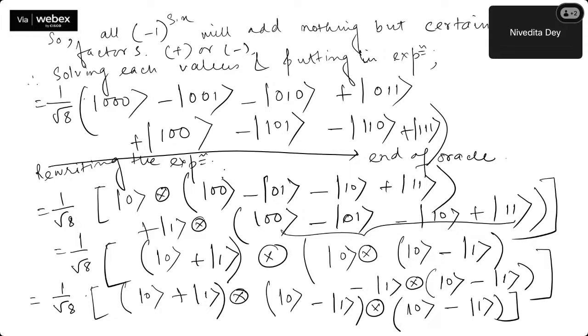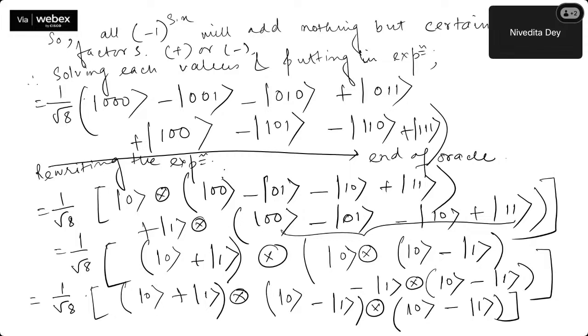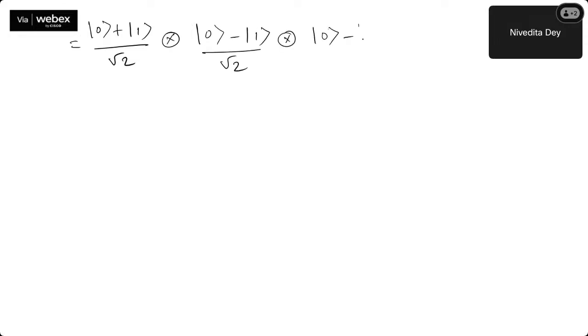So (ket 0 plus ket 1) times (ket 0 minus ket 1) times (ket 0 minus ket 1). From this last expression, can I just write it this way? If I put the root 8 across all three terms and make it root 2, root 2, root 2, can I write it as (ket 0 plus ket 1) by root 2 product (ket 0 minus ket 1) by root 2 product (ket 0 minus ket 1) by root 2?